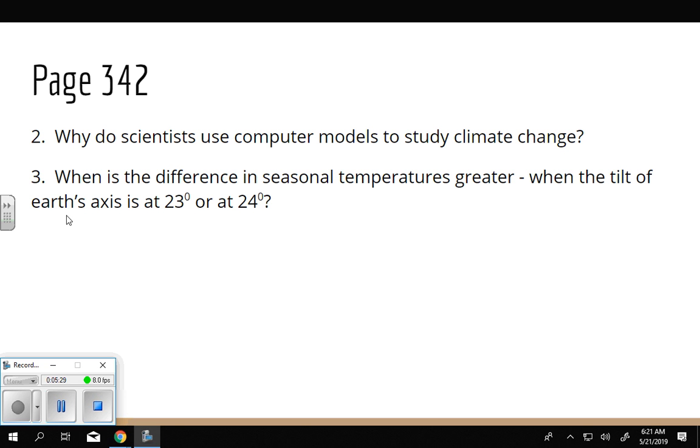Because there are so many factors that influence the climate.